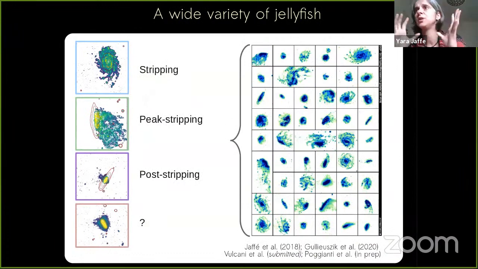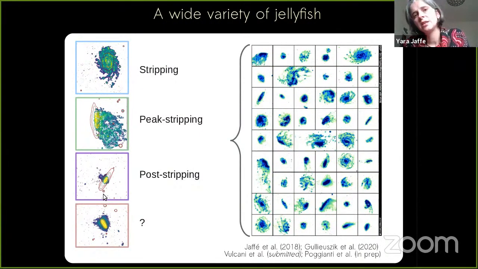And I'm not going to show you individual results, but more statistical analysis that we've done of the broad population of gas jellyfish galaxies that we have separated into essentially 4 different classes that have been evolving a bit with time. But they're mostly mild cases of stripping, like I show here, extreme examples of stripping, where we have stripped tails that are longer than the stellar body of the galaxy.